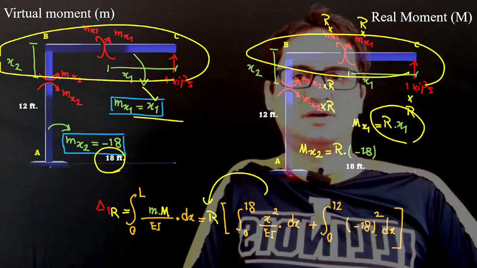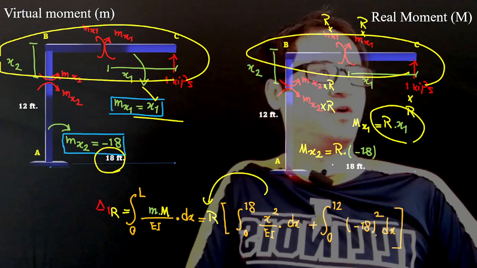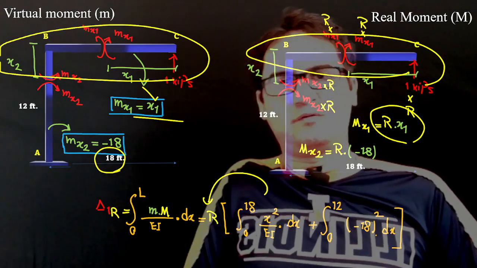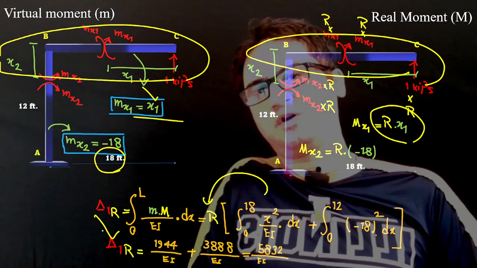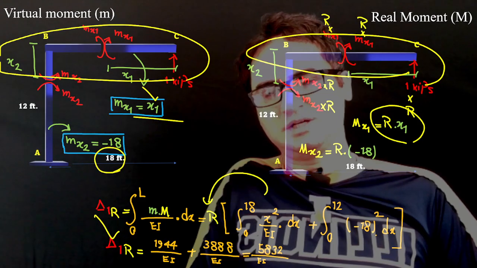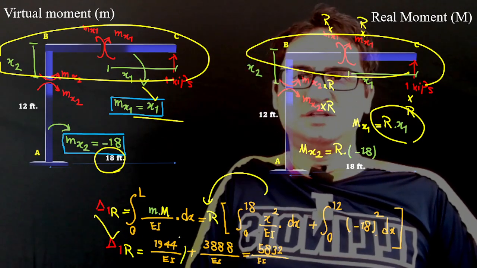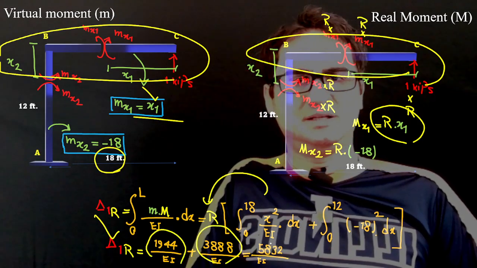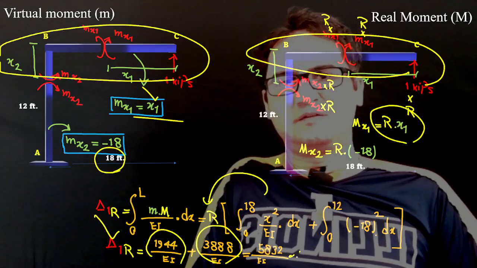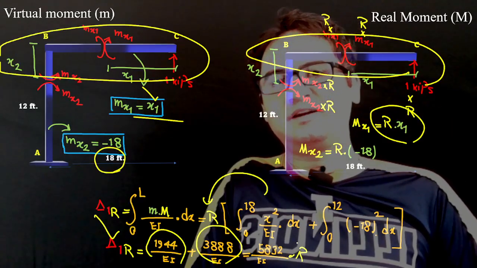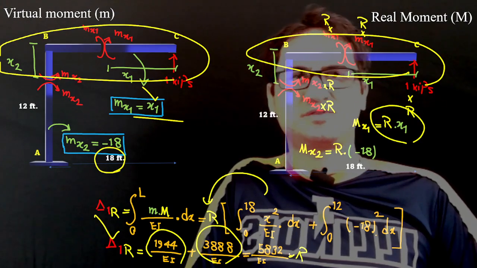That's x squared over EI dx. And if you just do this math, delta 1 for the unknown reaction is the summation of these two parts, which gives us a total of 5832 over EI times the reaction.